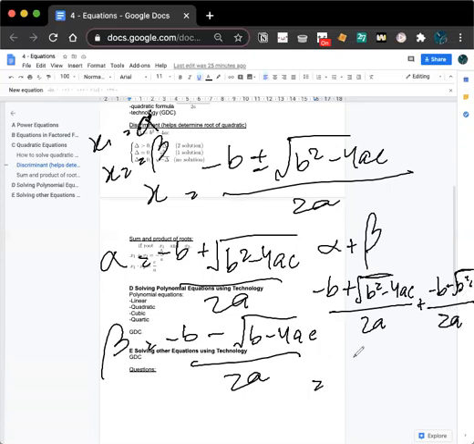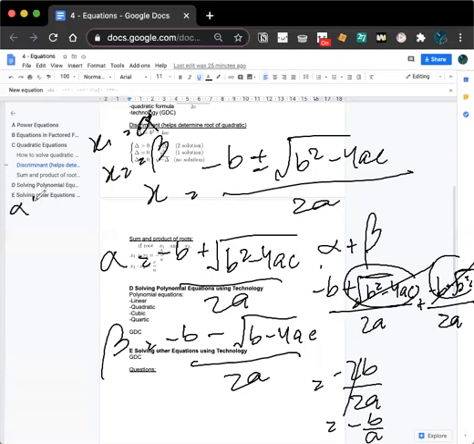And that would result in minus 2b over 2a. Since this is plus, the other part is minus, so the roots are both gone, and now you get minus b over a. And it goes the same with alpha times beta.